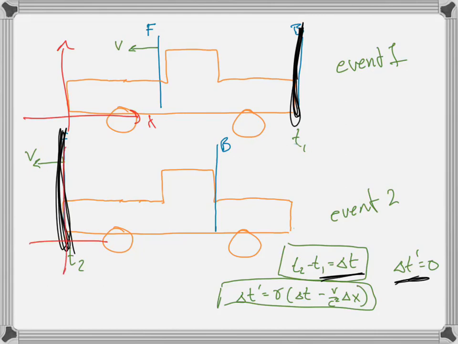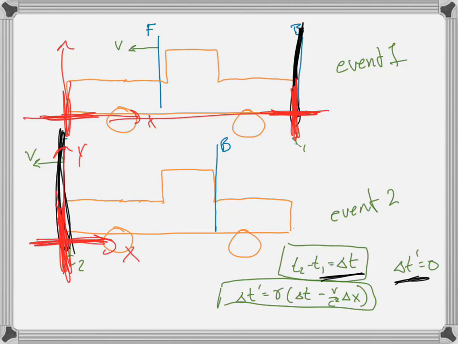This position right here is the position of event 1 relative to this origin. This position right here is event 2, it's now at the origin, because that's where our frame of reference is. So what's the distance between those two events? Delta x equals the length of the car, 9 meters.